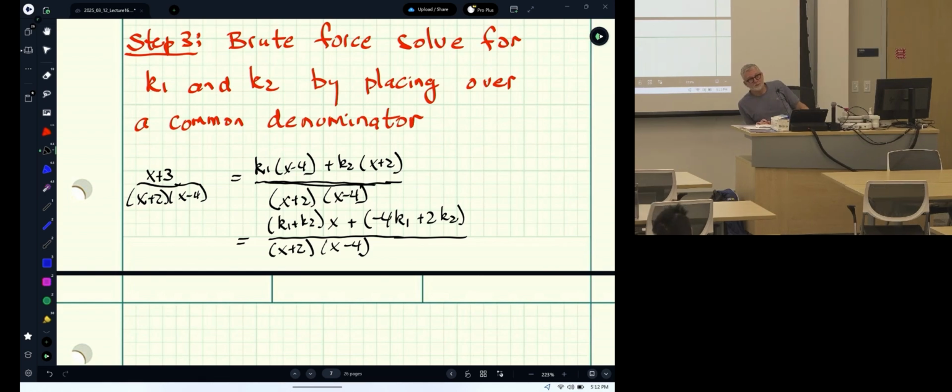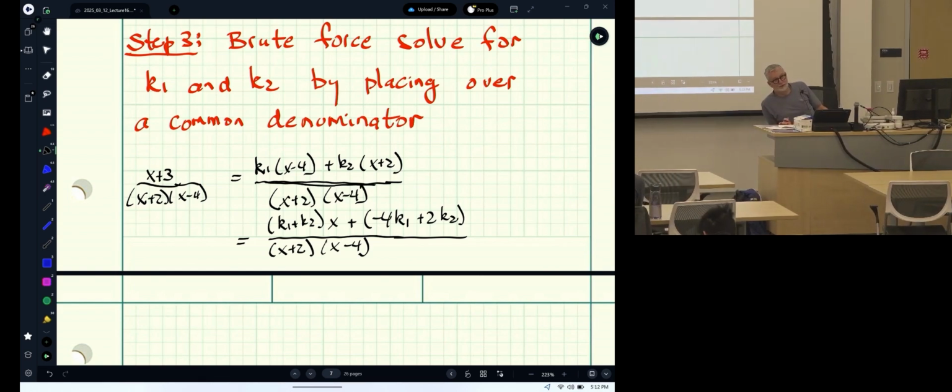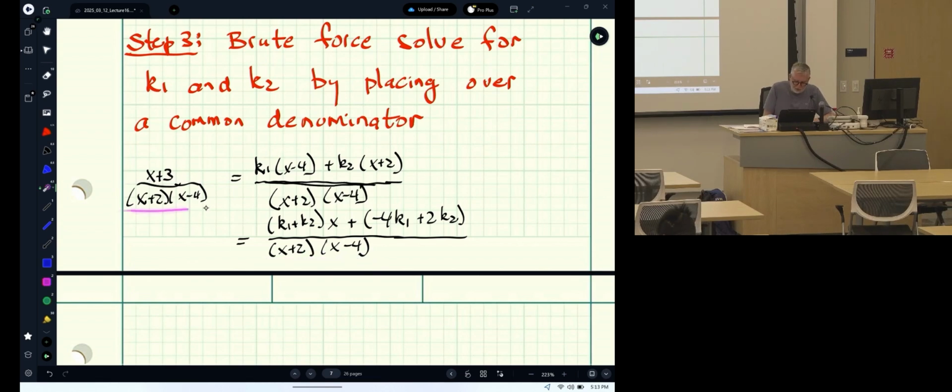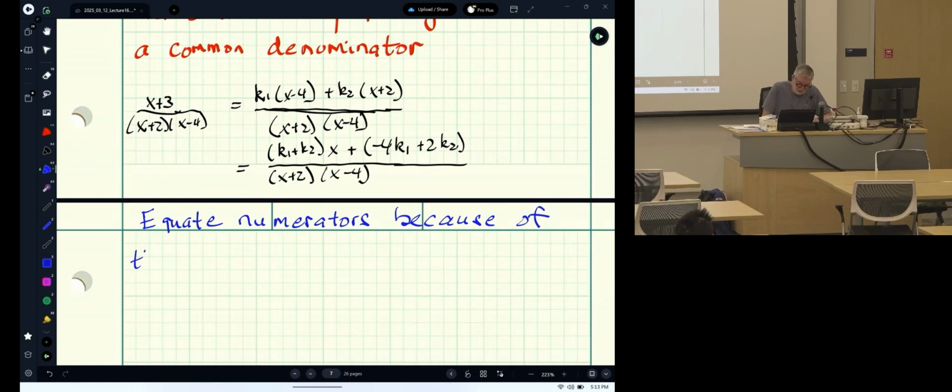Anything hard so far? No? Anything exciting so far? Not so much? Okay. But here's the thing now. If this term equals this term, the denominators are the same, so the numerators have to be the same. So now we can equate numerators. So that's why it works, because of the common denominator.